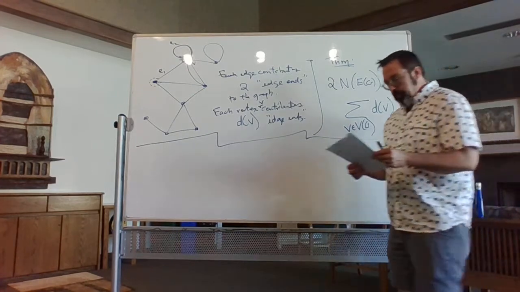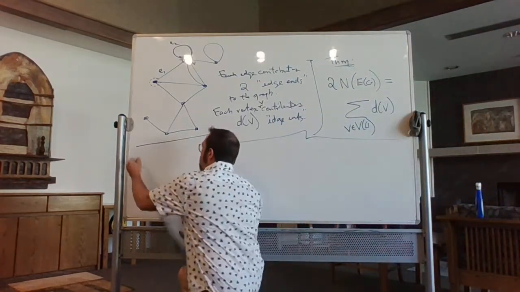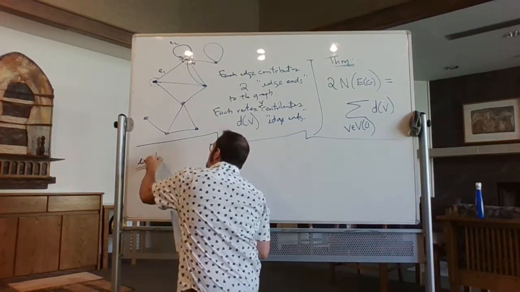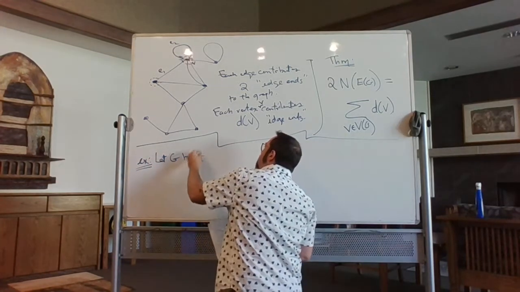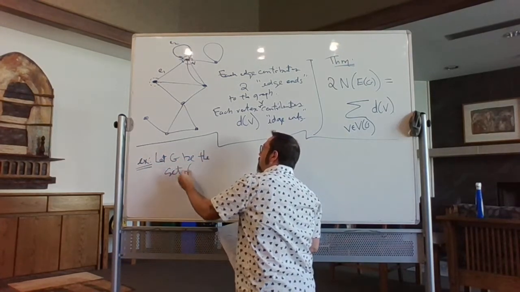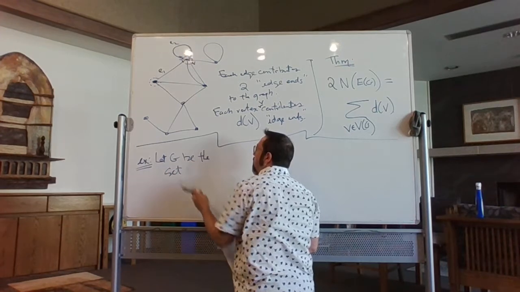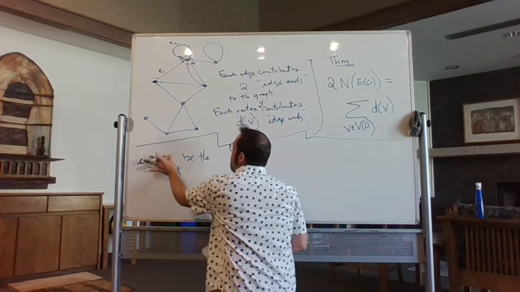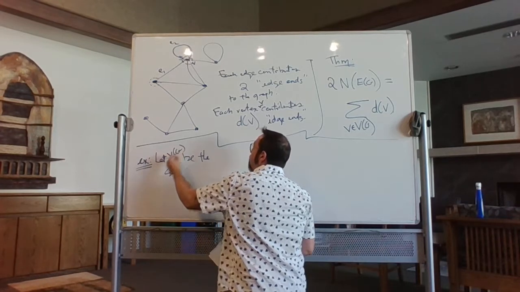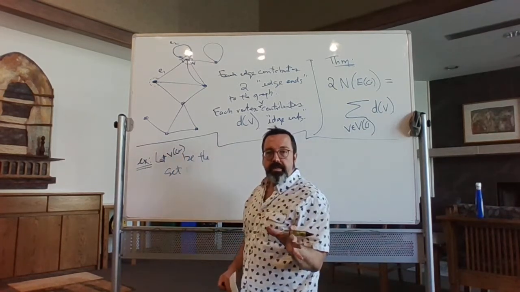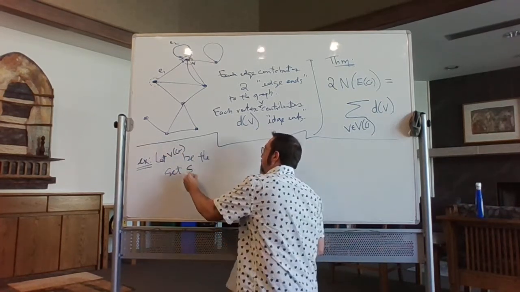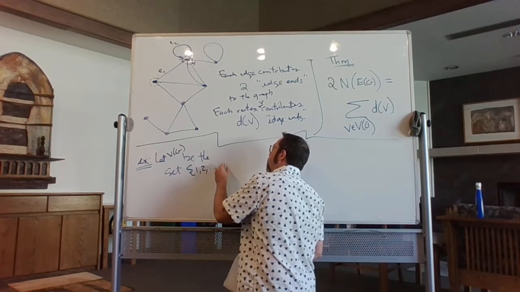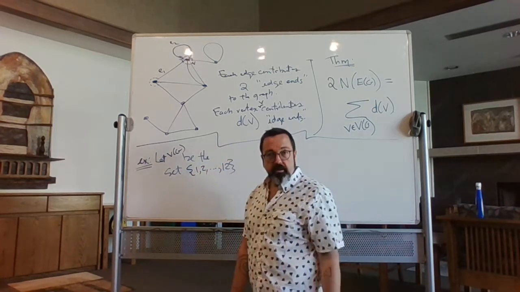Let's look at an example here of a graph. Example: let G be the set. Let V of G rather. I'm going to define the vertices. So the graph I'm about to define, the vertices are the set 1, 2, and so forth, all of the whole numbers, all the integers from 1 to 12.